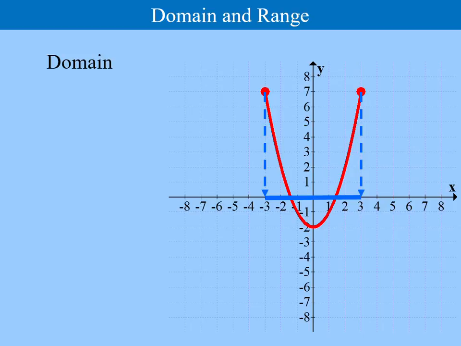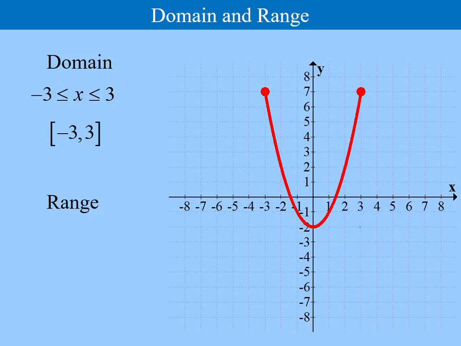And so that's the domain, -3 to 3. Now, the less than and equal to implies, of course, that the dot is part of the domain. What about the range? Well, the y values, where we have a function, is -2 to 7. And again, there are dots at -2 and 7.